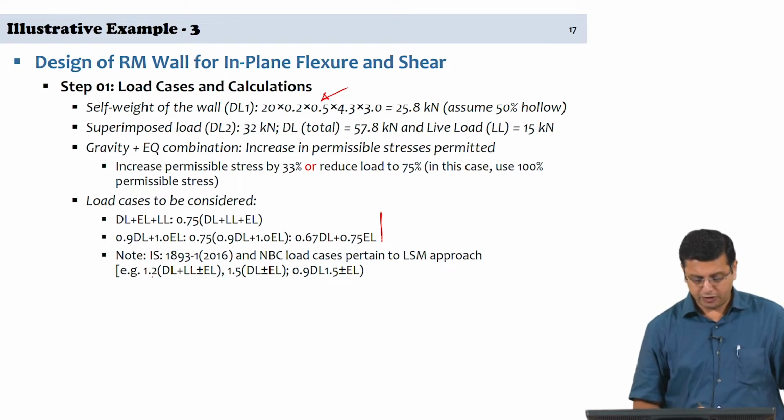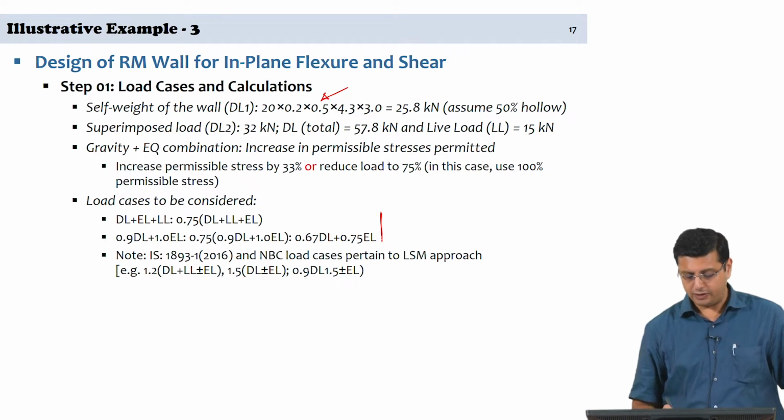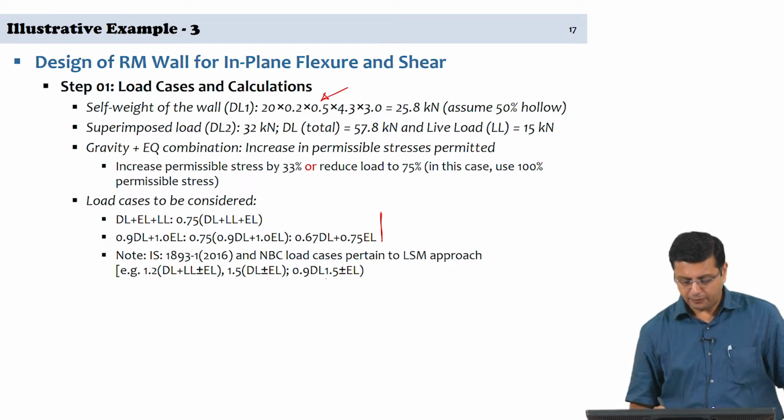For example, you are required to do checks for load combinations of 1.2 times dead load plus live load plus or minus the earthquake load, 1.5 times the dead load plus the earthquake load, or a case of decompression happening where you have 0.9 dead load plus 1.5 times the earthquake load.